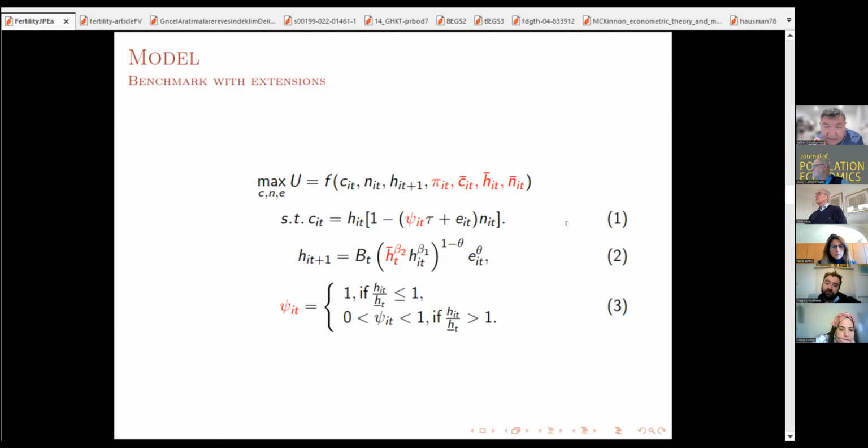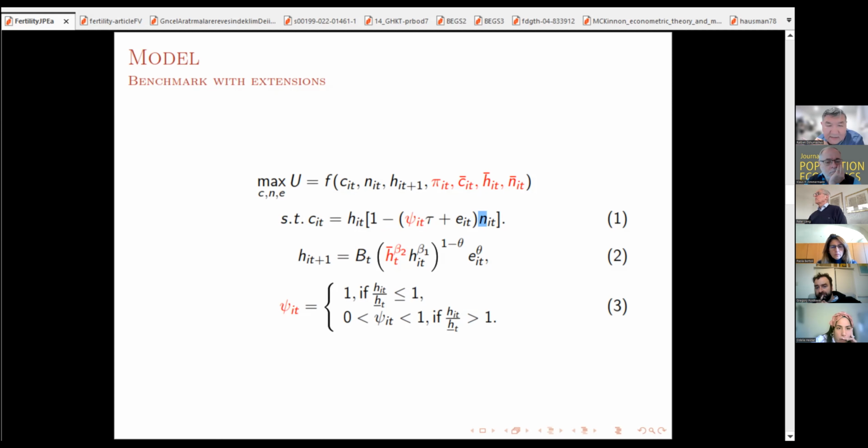So the second thing we tried to change was the budget constraint of the agents, which in this sort of models includes the income, which is just the human capital, because if you work, you can always normalize the wage to 1.